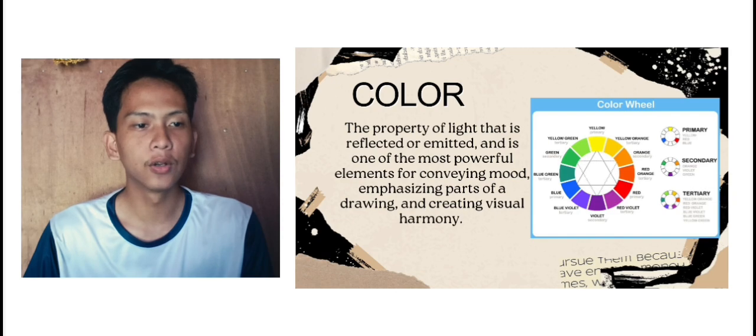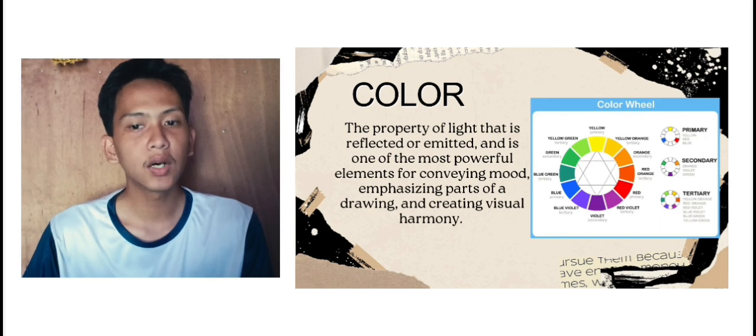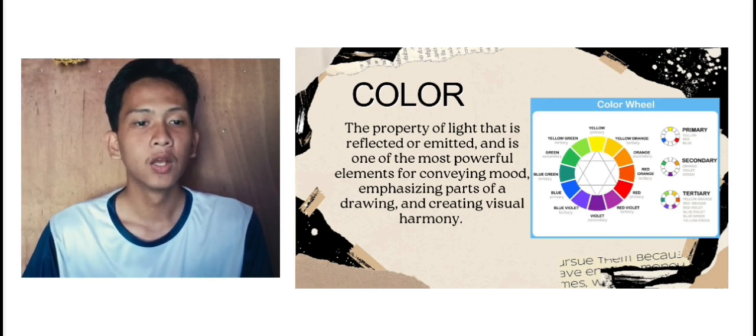And lastly, color. Color, the property of light that is reflected or emitted, is one of the most powerful elements for conveying mood, emphasizing parts of a drawing, and creating visual harmony. So the color is the most powerful element, because without it we cannot show the realism of our drawing.